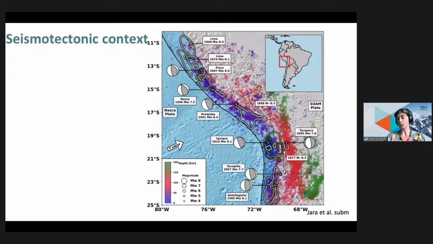So probably we can expect some kind of rupture in the area. It's interesting to assess the interseismic coupling in this area to get better knowledge of some rupture scenarios.